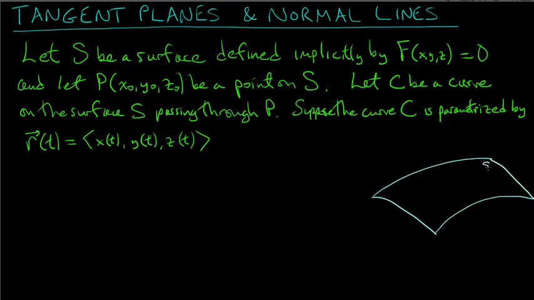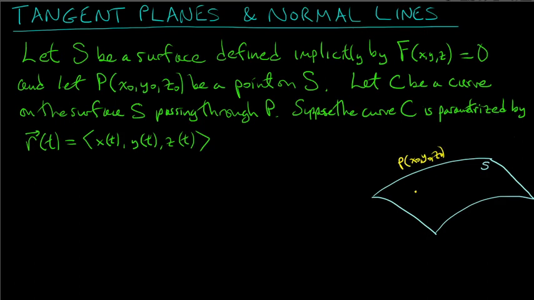Okay, so this is our surface S. And we're going to denote one of the points on the surface, say right over here. So this point here, P, will have coordinates x0, y0, z0.